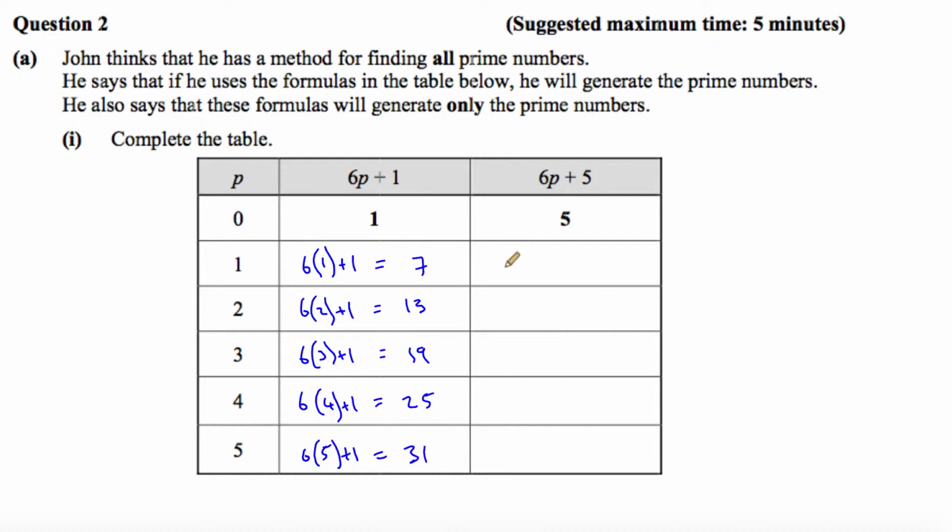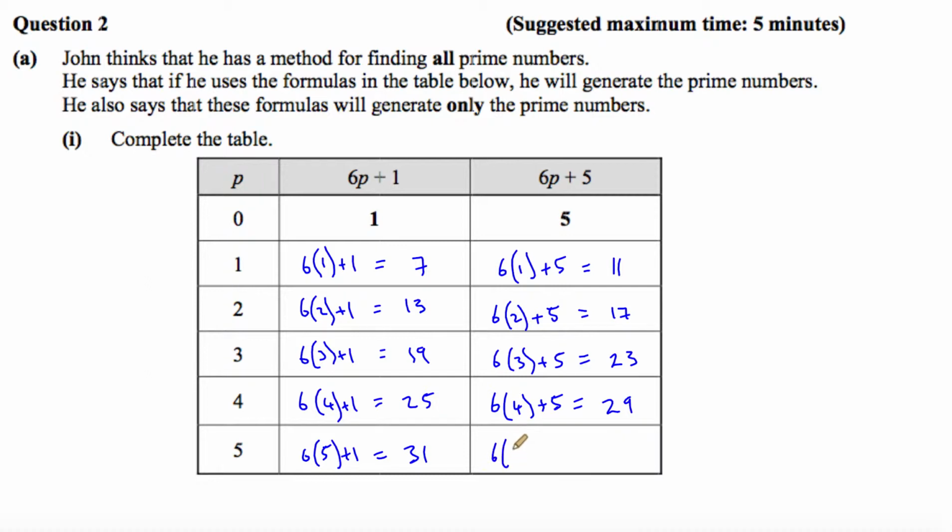And then over to this column here, where the function is 6p plus 5. So we have 6 times 1 plus 5, giving us 11. 6 times 2 plus 5 gives us 17. 6 times 3 plus 5 gives us 23. 6 times 4 plus 5 gives us 29.